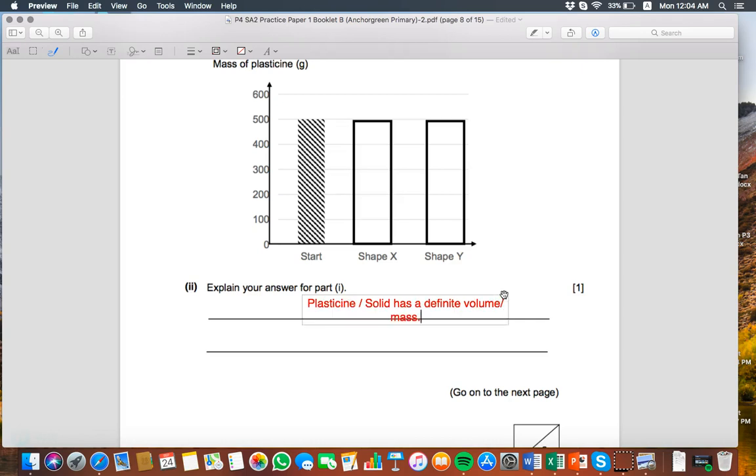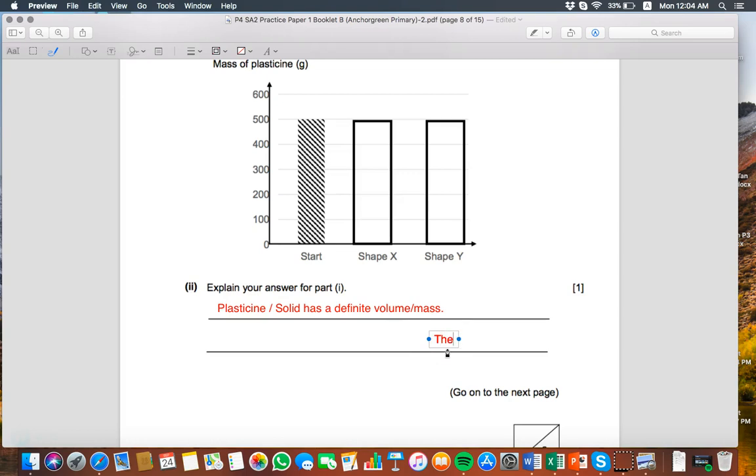So this would be your answer. Solid has a definite volume or mass. Now I realized that I also accept another answer.